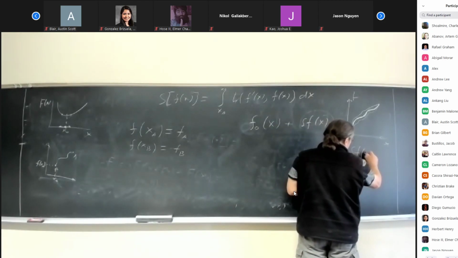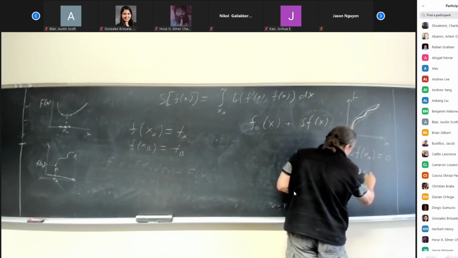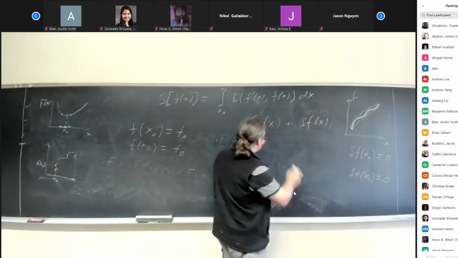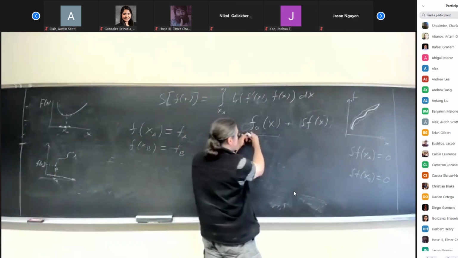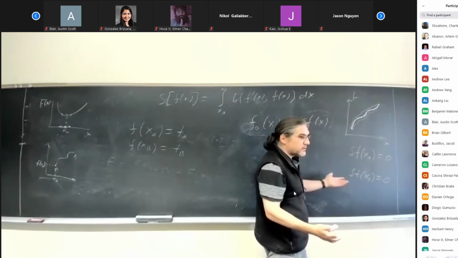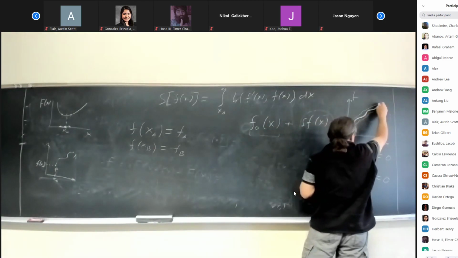Delta f of xa must be equal to 0, and delta f of xb must also be equal to 0, simply because this function already satisfies my boundary conditions. So in order for this function to satisfy my boundary conditions, delta f should vanish on the boundaries. You see that all the functions start from point A and end up at point B.